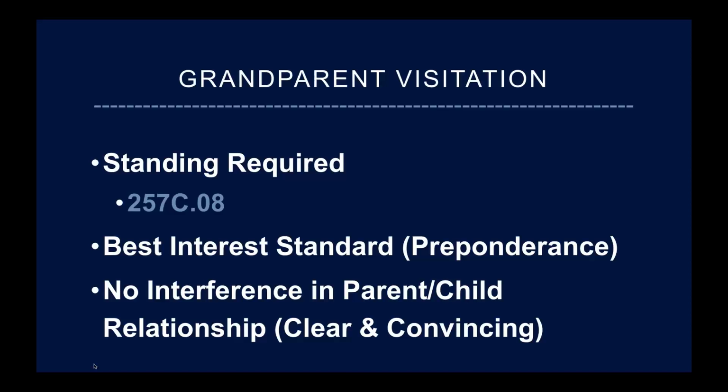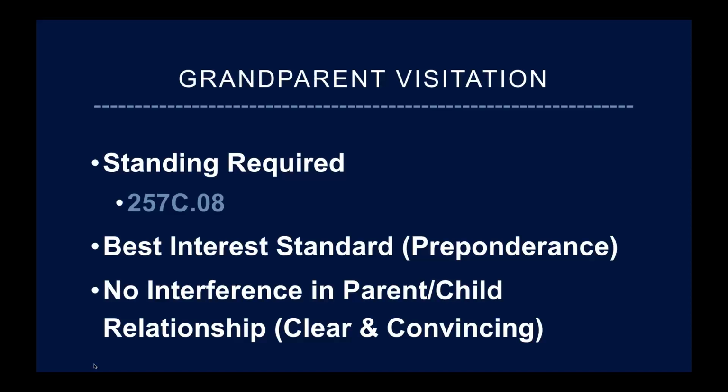But they also have to show this, and this is crucial, that there's been no interference, or there will be no interference with the parent-child relationship in granting a grandparent the right to visitation. Some grandparents have strong worldviews and they try to impose their views on their grandchildren over the objection of a parent. Generally speaking, there's special deference accorded to the wishes of parents over grandparents.